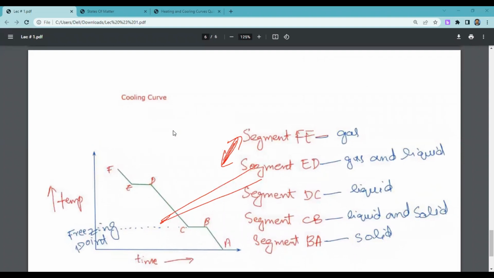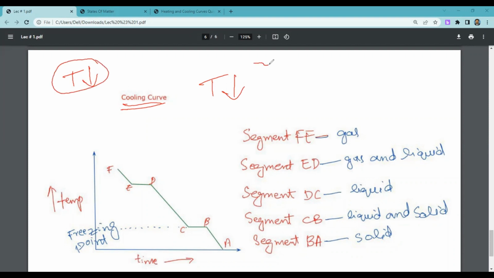Cooling curve. What is meant by cooling curve? In the heating curve, we were providing heat, increasing the temperature. Here we are decreasing the temperature. It means that the inverse phenomenon will occur. Therefore, this curve is starting from here instead of here.